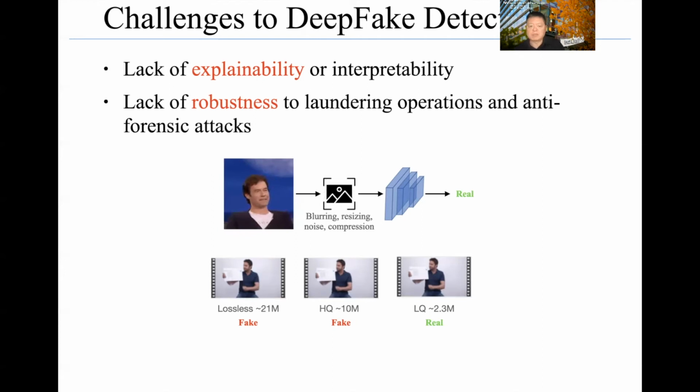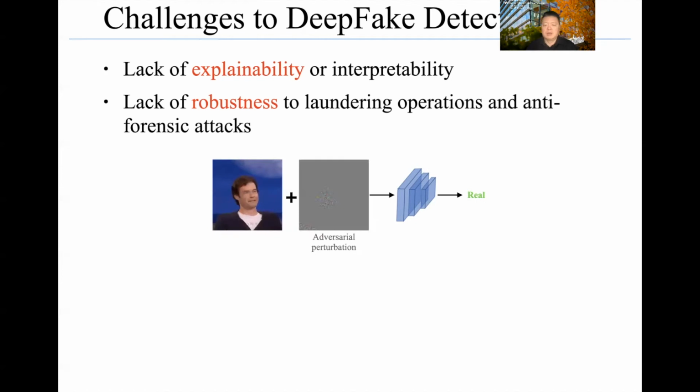So the robustness to this kind of laundering operation is something that has to be incorporated when designing or training deepfake detectors. I think more importantly are those specifically designed anti-forensics attacks.